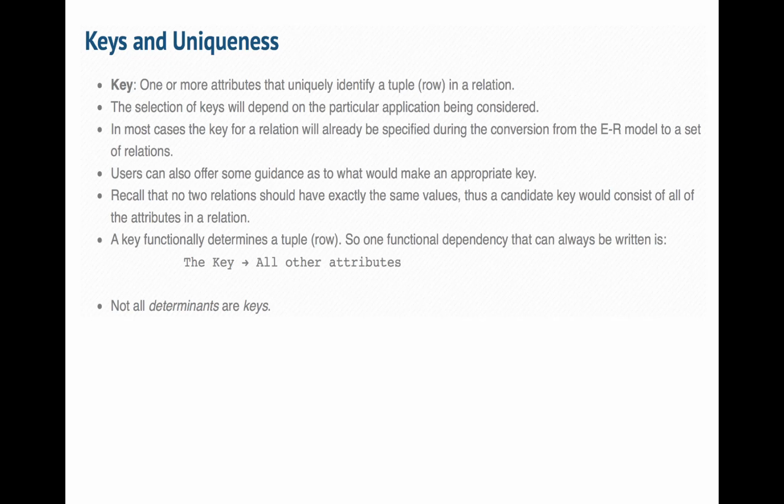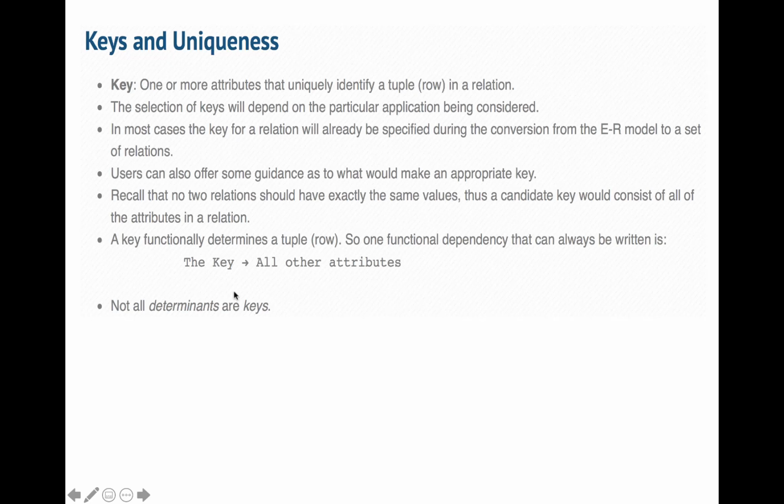This is the worst case scenario: all the attributes are underlined and together form the primary key, because we know in a relation no two tuples are the same. If you cannot find one attribute which is different in each row, then the whole row is different from the other rows, and your key would be all the attributes.